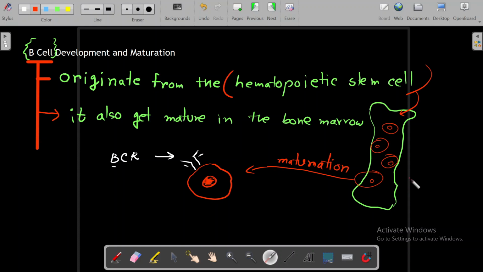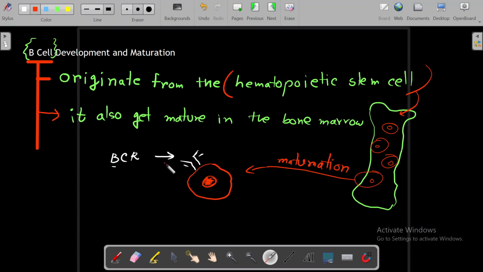B cells originate from hematopoietic stem cells, and then they have to mature. When the B cells in the bone marrow mature, they contain a receptor called the B cell receptor, or shortly BCR. BCR means B cell receptor.